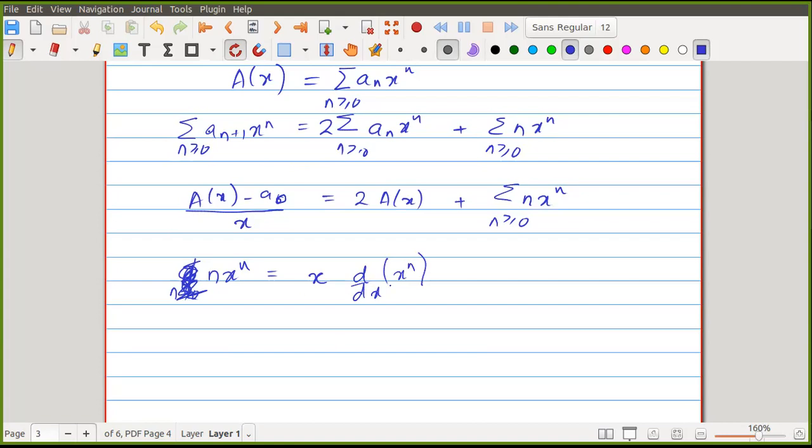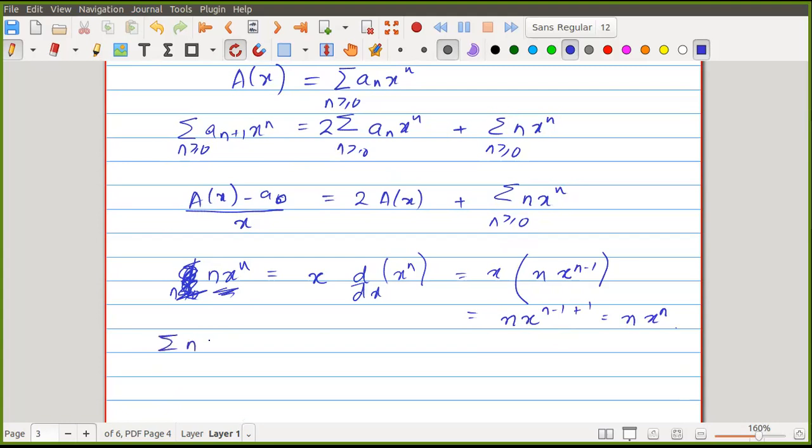Can I write this as this? When I do d dx of x raised to n, I'm going to get n x raised to n minus 1. So then when you expand, you're going to get n x raised to n minus 1 plus 1. So this is nothing but n x raised to n, which is what I started with. Correct? So this is the trick we are going to use to evaluate this summation.